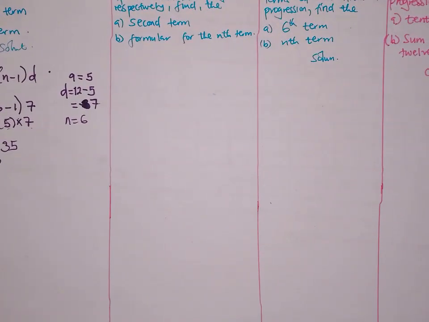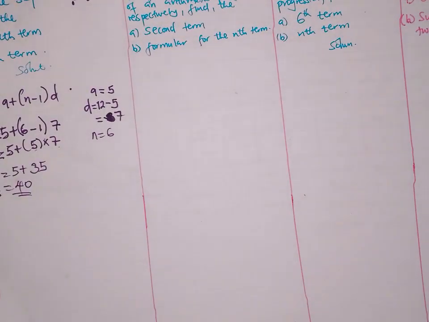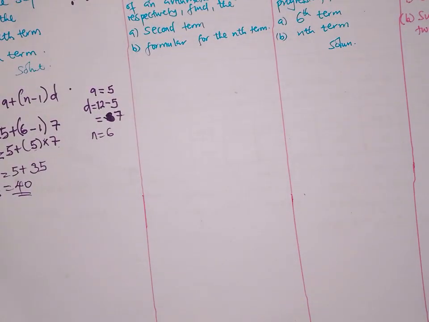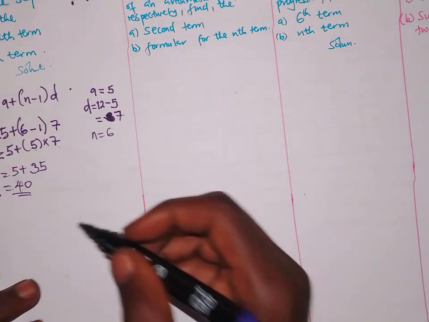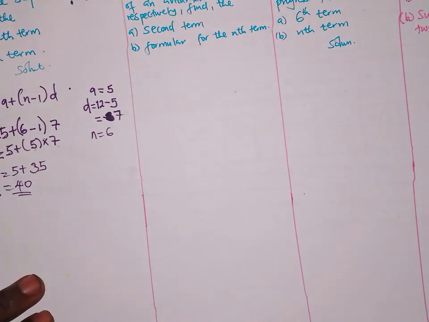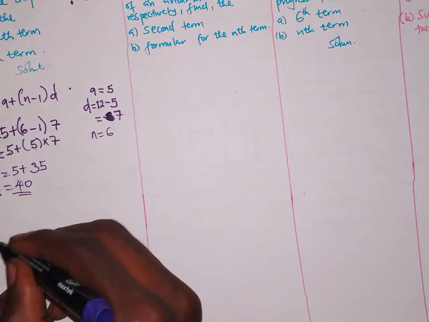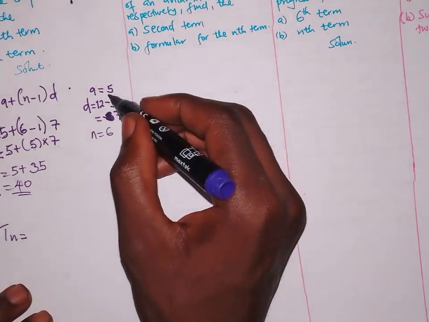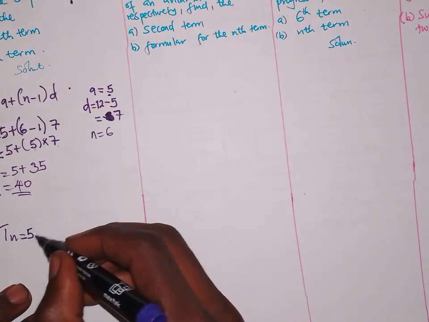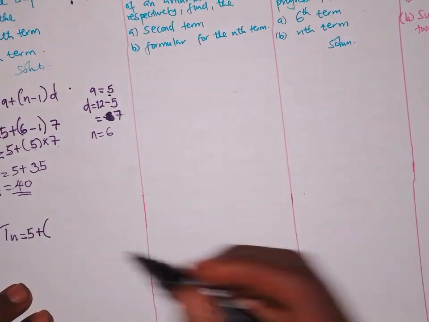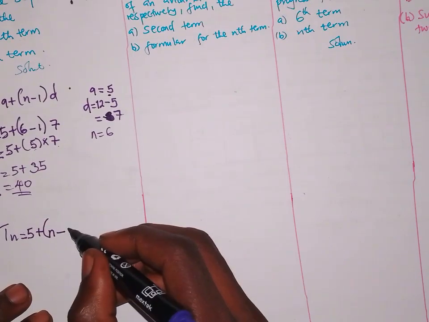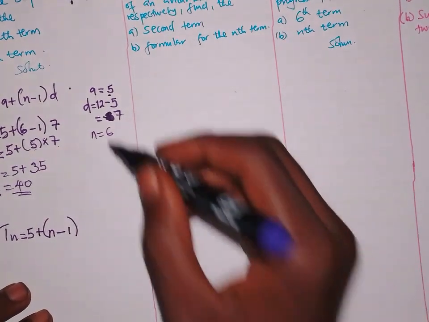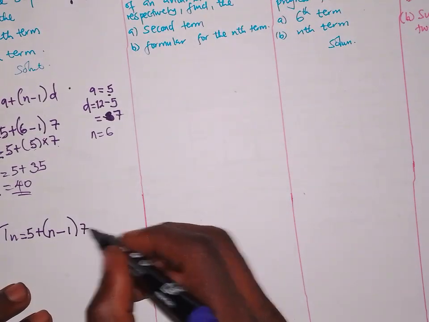Since we are calculating the nth term, we don't know the position of the term we want, so our n will just be n. So Tn equals, our first term is 5, plus n minus 1, we just leave it like that, then the common difference is 7.